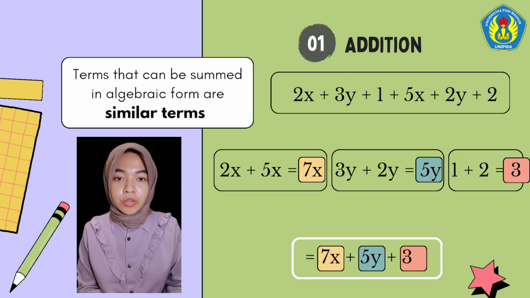Next, variable y, 3y + 2y equals 5y. Next, we add the constants, 1 + 2 equals 3. So, the result of the addition is 7x + 5y + 3.